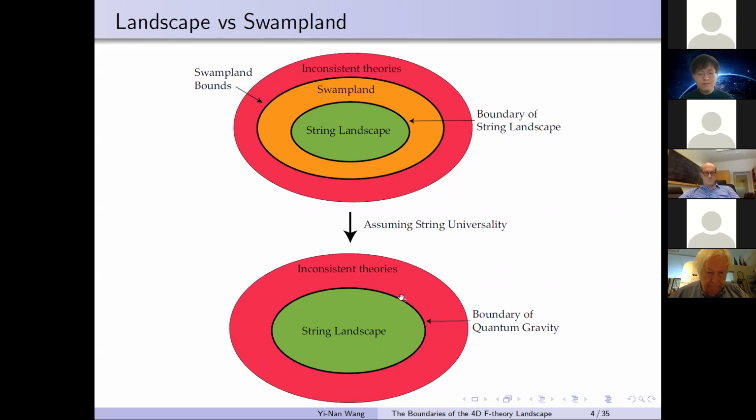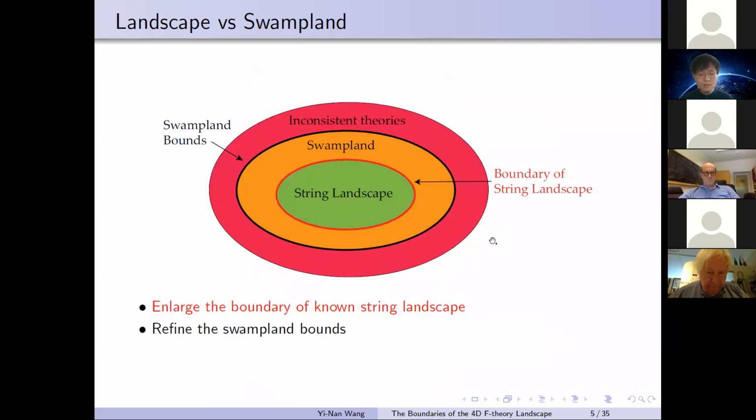And now we will have a very clear, well-defined boundary for quantum gravity. So that's our hope. In this talk, I'm going to focus on the discussion of the inner boundary, that is the boundary of the string landscape.